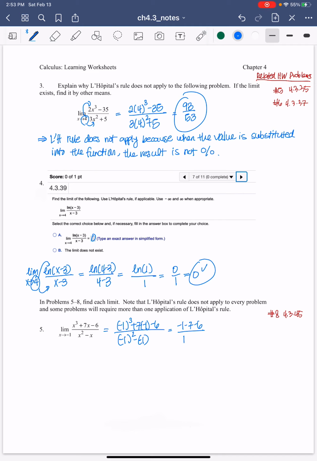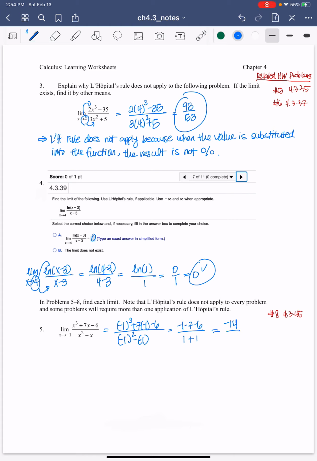You have -1 squared, which is +1, minus -1, so that's 2. So on the numerator, -1 minus 7 minus 6, I get -14.